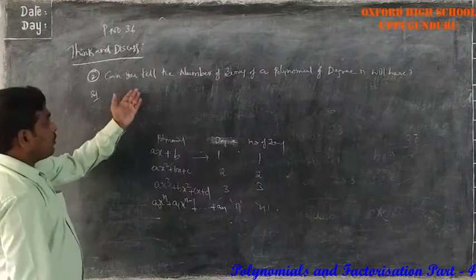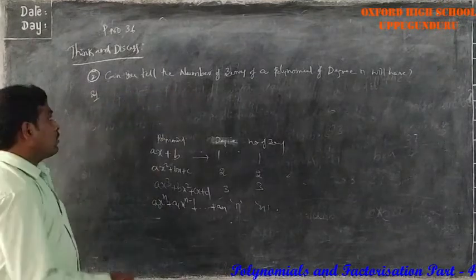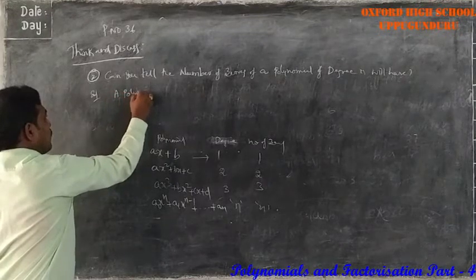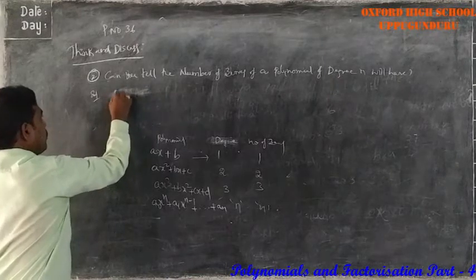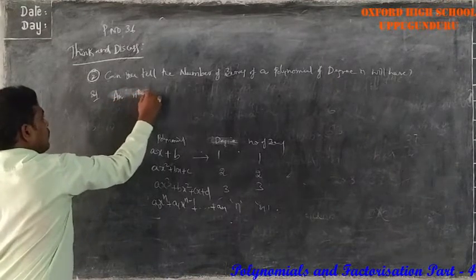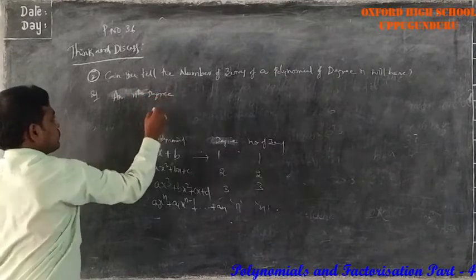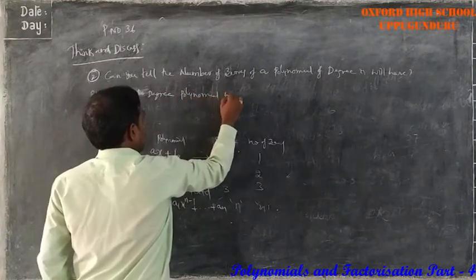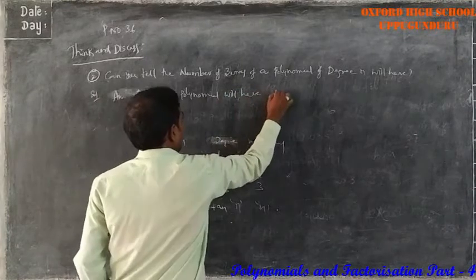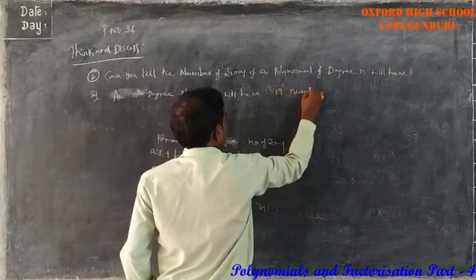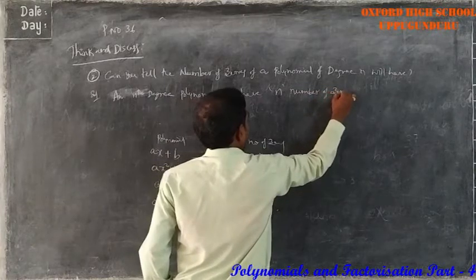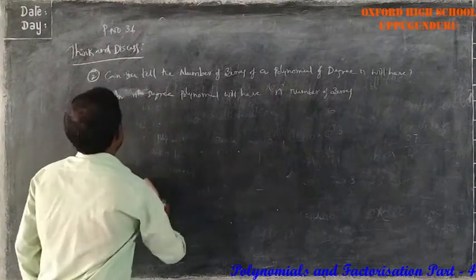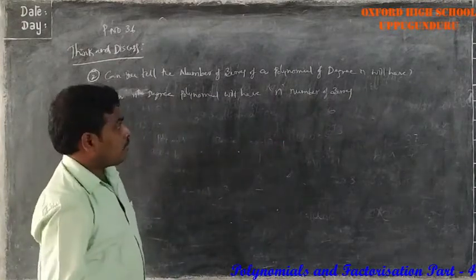So what will you write? Can you tell the number of zeros of a polynomial of degree n?